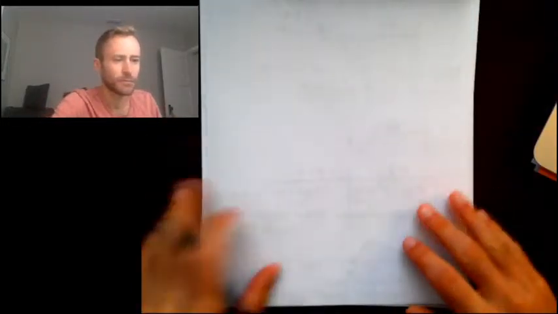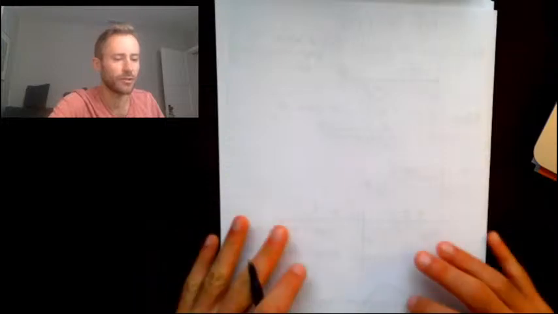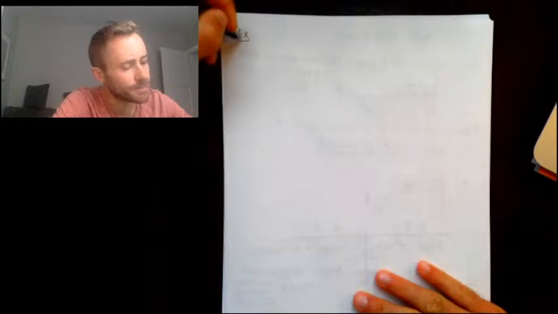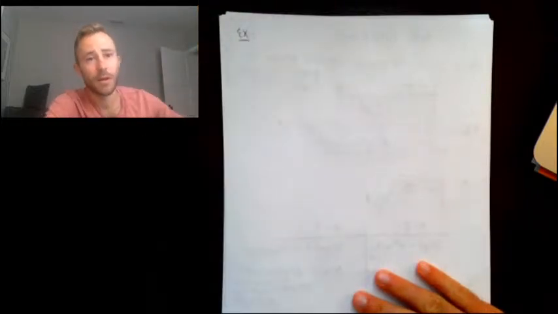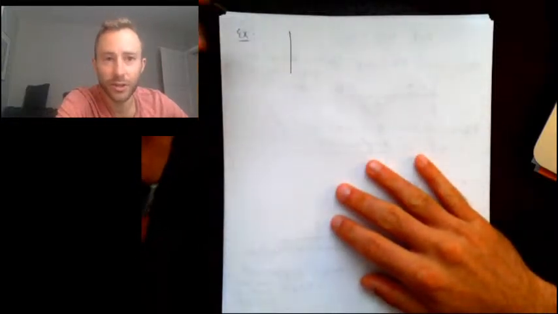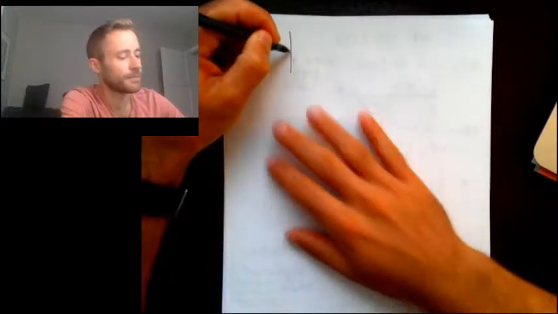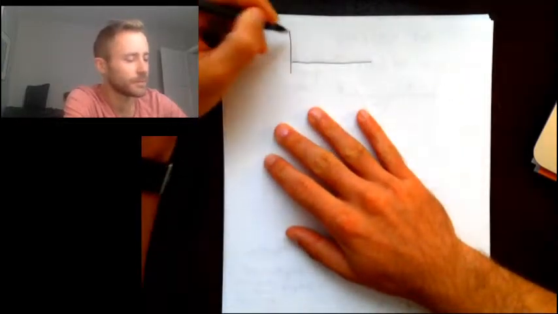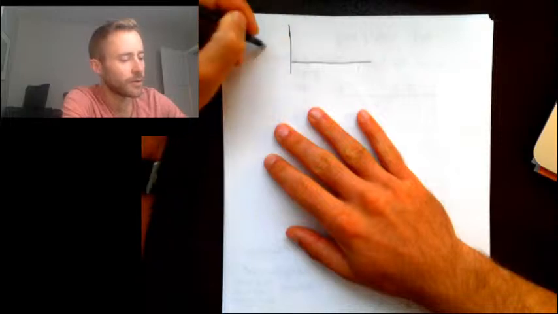So we're going to do another example. Just lots of examples today just to make sure you guys are understanding this concept. Here's another example. And this is going to be a position time graph. Okay, so we have a position time graph.